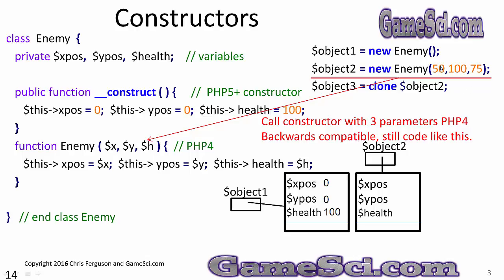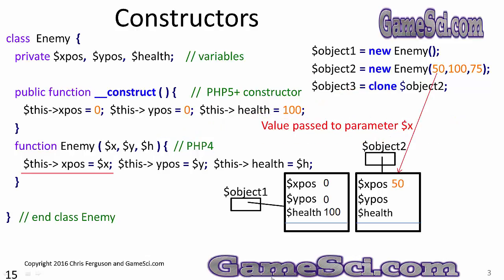Also notice we have arguments this time, 50, 175. These arguments will be sent to this constructor and assigned to these variables. Keep in mind, you could have done the same thing up here and passed arguments right there. It's just I have to show it to you both ways, so I'm showing it with 2 different constructor methods. We're going to pass those arguments and assign them to the parameters.